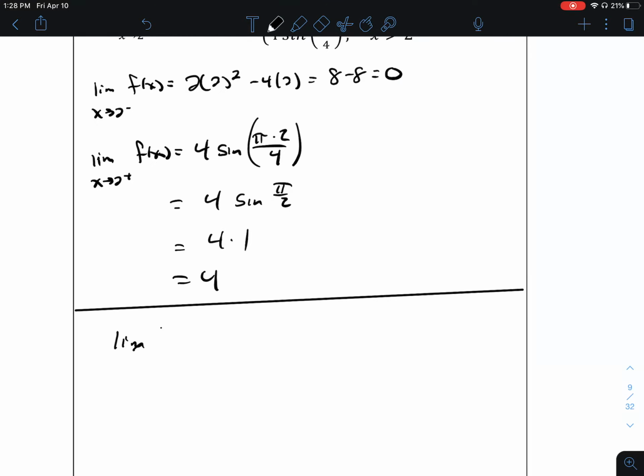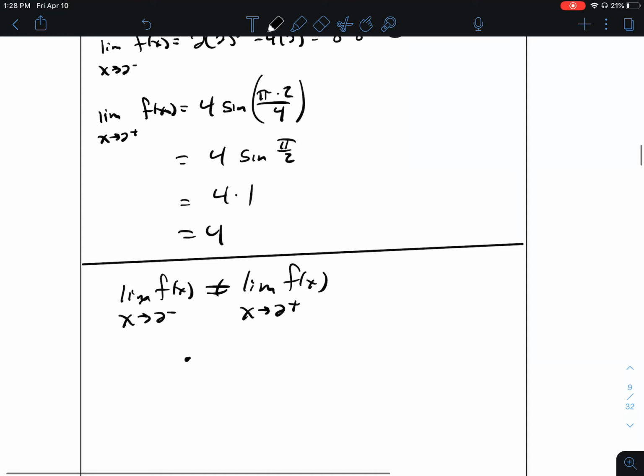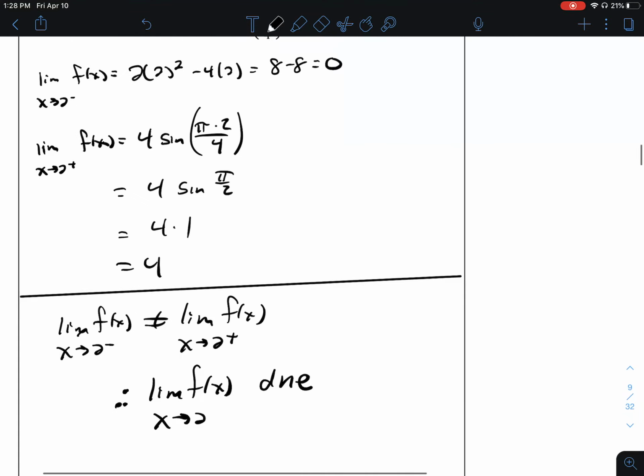Clearly we can see that the limit of f of x as x approaches 2 from the left does not equal the limit of f of x as x approaches 2 from the right. Thusly, the limit of f of x as x approaches 2 does not exist.